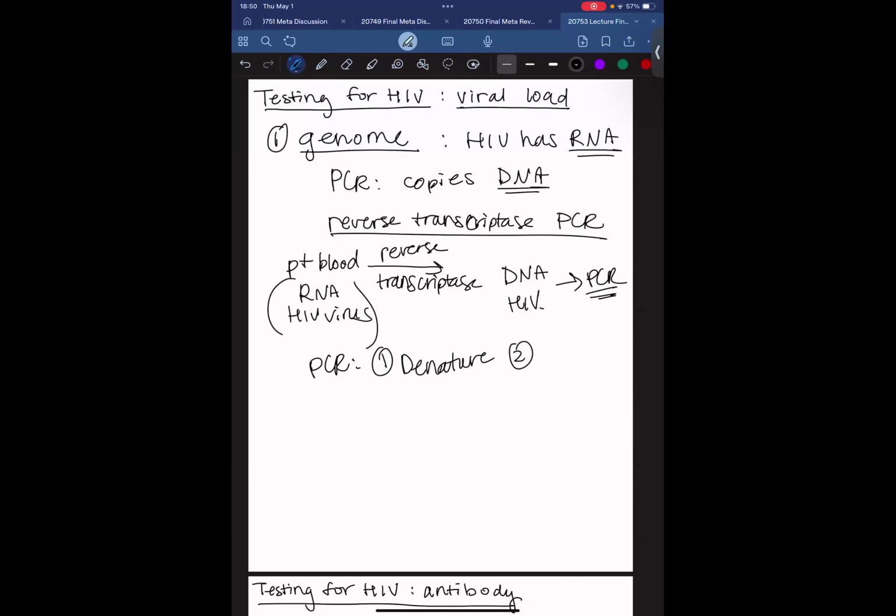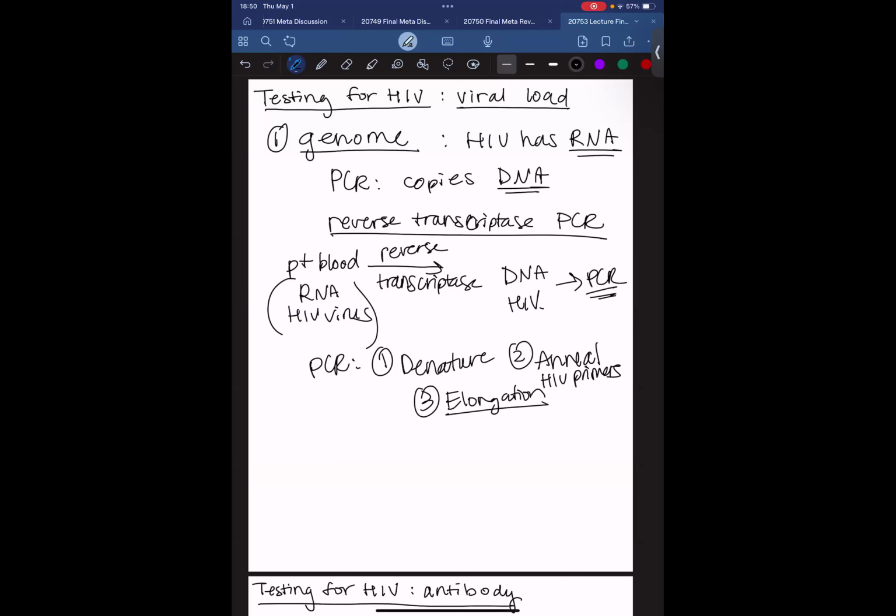The second one is anneal. What does annealing mean anyways? Binding things back together. So annealing, we're going to anneal our HIV primers. And then the third step is going to be elongation.